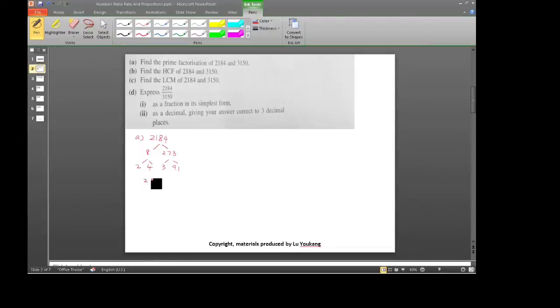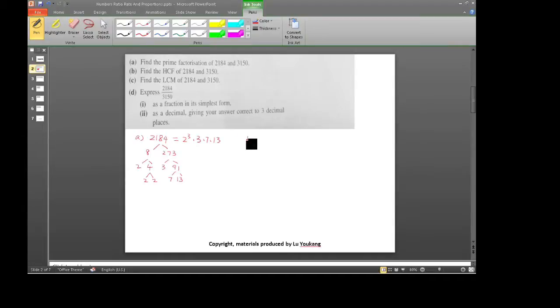We can split the 4 further to 2 and 2. 91 we can split it into 7 and 13. Therefore, we have the answer for 2184 equals 2 to the power 3 times 3 times 7 times 13.